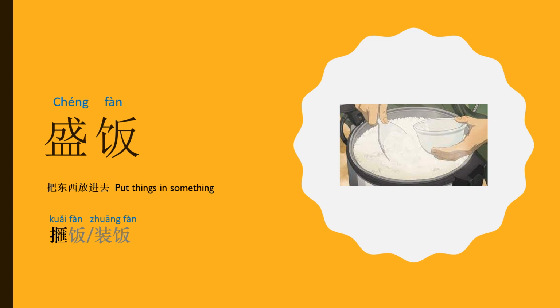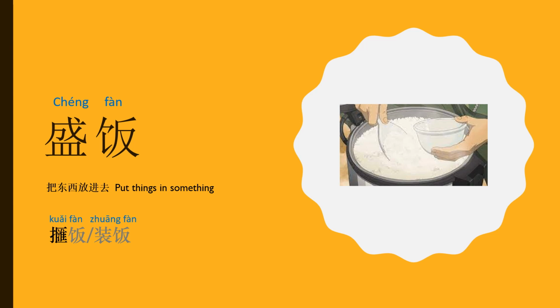You can also say 蒯饭, 蒯饭 or 装饭, 装饭. 装饭 is more like the rest of the places use 装饭 a lot, but in Beijing or the northern part of China, we say 盛饭 a bit more.